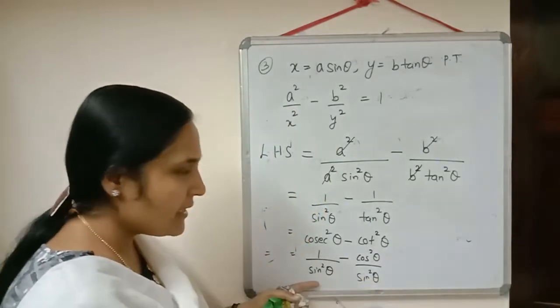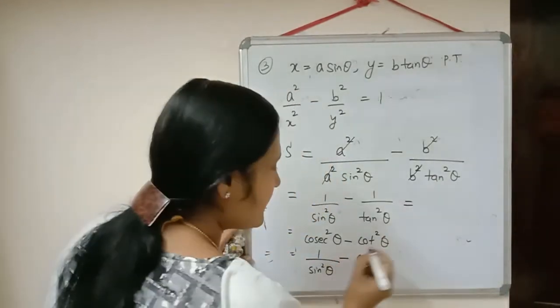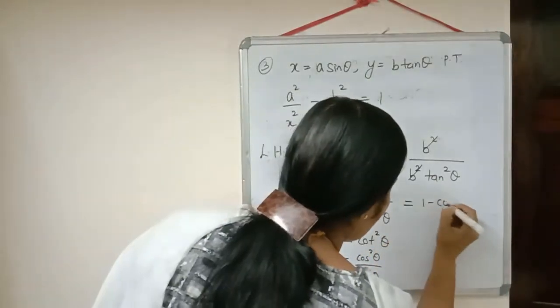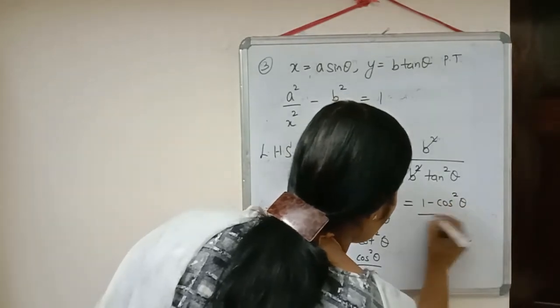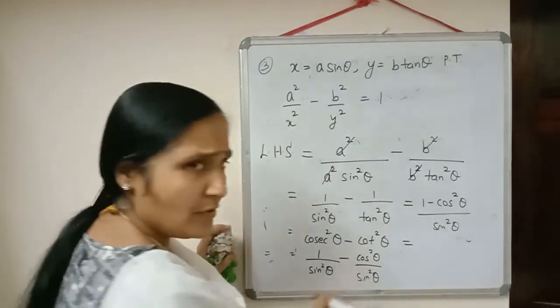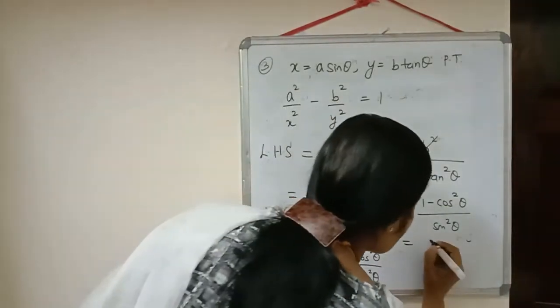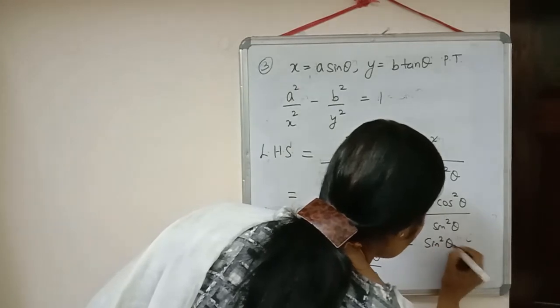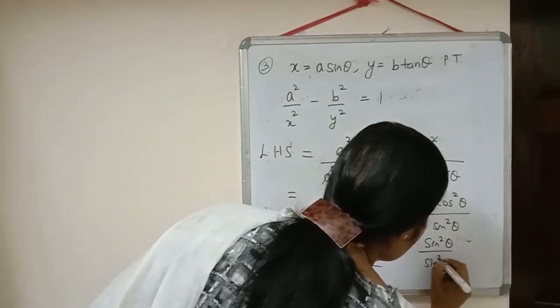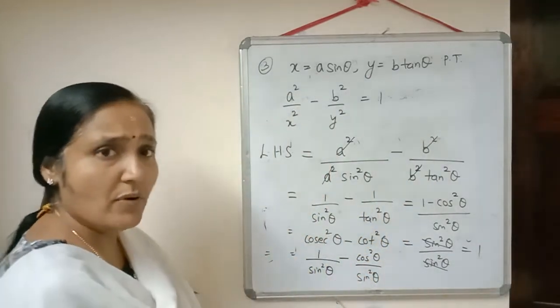Now check, denominators are the same, so directly we can add or subtract the numerators. So we are getting here 1 minus cos square theta by sin square theta. Do you know what is 1 minus cos square theta? Yes, 1 minus cos square theta is sin square theta. So we are getting here sin square theta by sin square theta, which will be equal to 1.